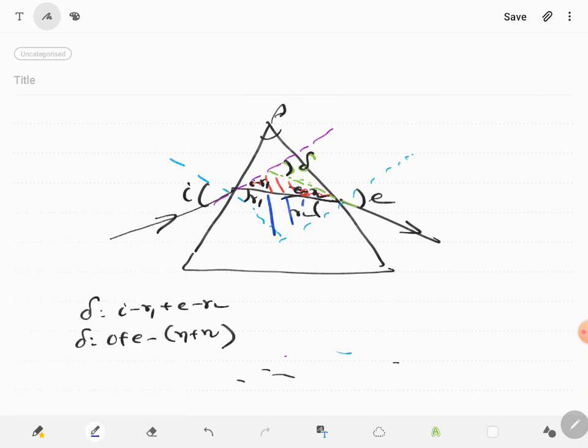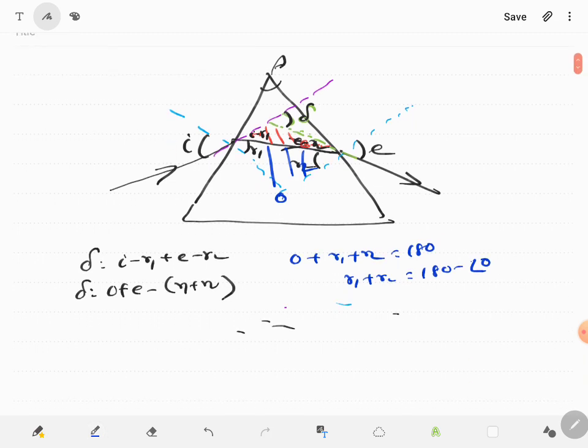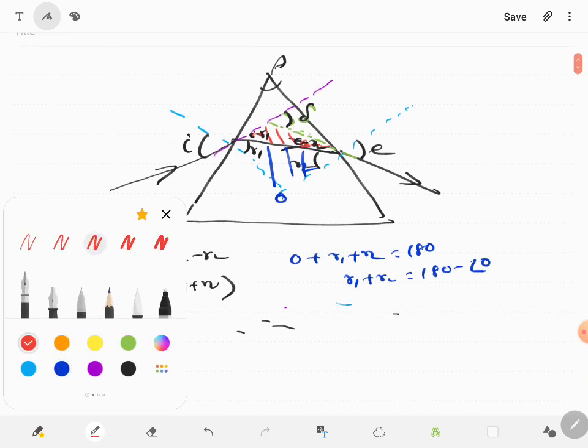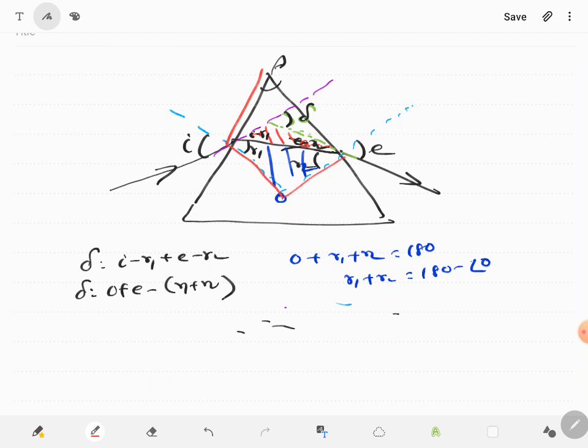Similarly, considering this triangle, this point you can name it as O, and let's call it O, plus R1 plus R2 is equal to 180. Therefore, R1 plus R2 is equal to 180 minus angle O. Taking this quadrilateral, this is already 90 degrees because of the angle that the normal makes.